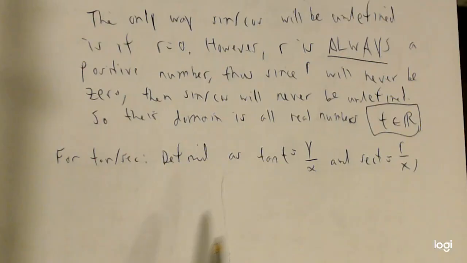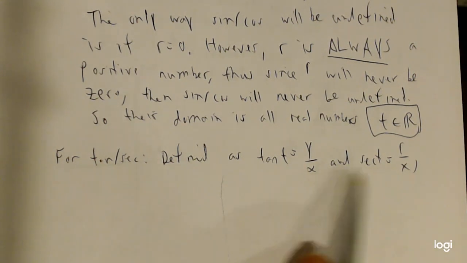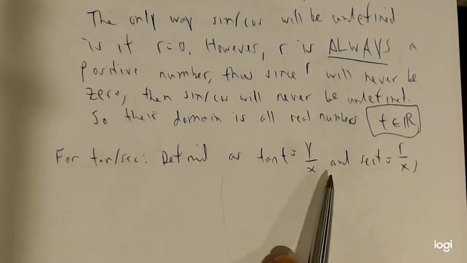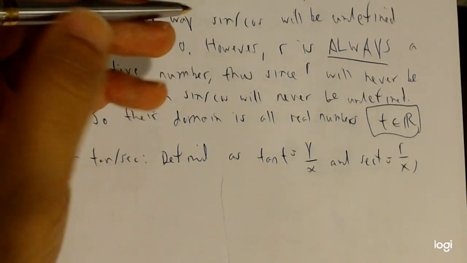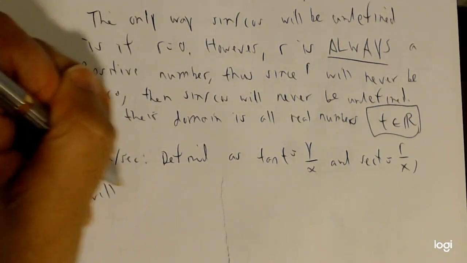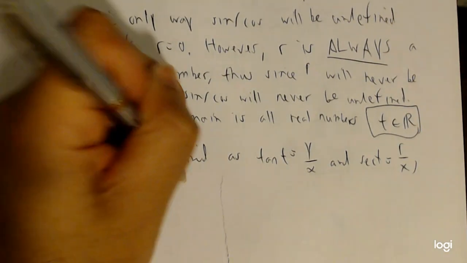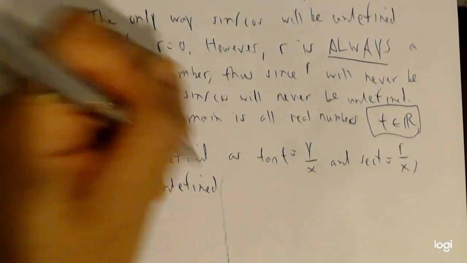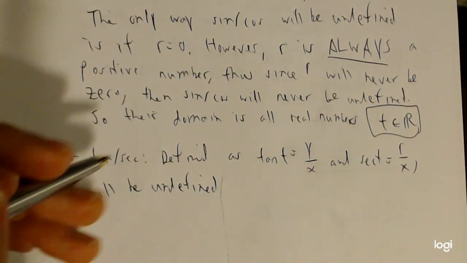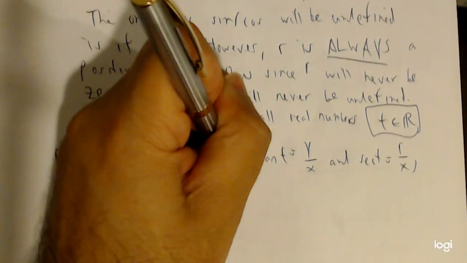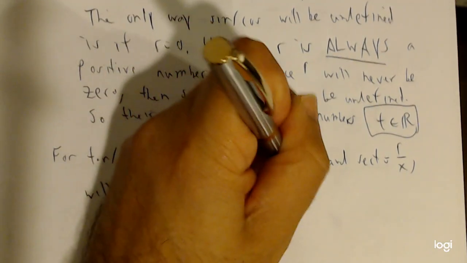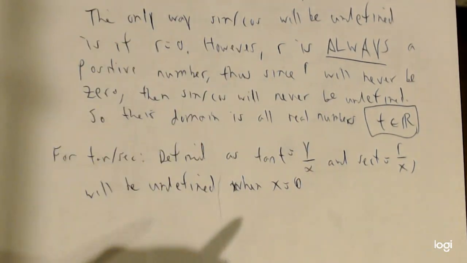So notice how I'm grouping them on purpose like this, because they both have x in the denominator, and we know that they will be undefined when x equals 0. And we know that x equals 0 when we have certain angles.